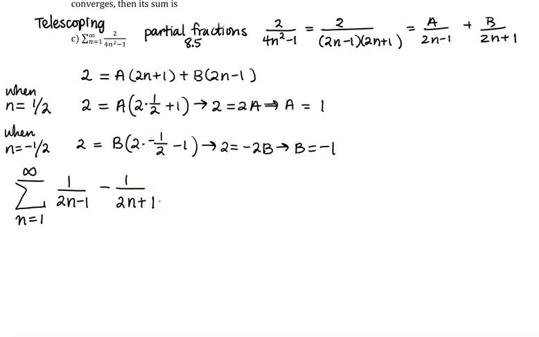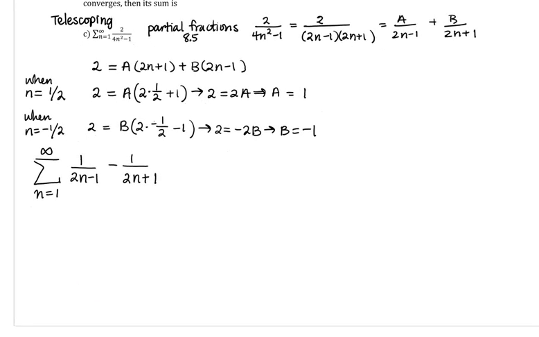And now let's look and see what happens when we add up the first n terms of this sum. I'm not going to break it down into S1, S2, S3. I'm going to just start off and write just the first n terms. So when n is equal to 1, we would have 1 minus 1/3. I will point out here, this is just when n is equal to 1. Now when n is equal to 2, we will have 1/3 minus 1/5.